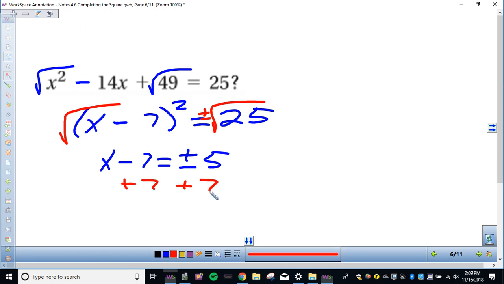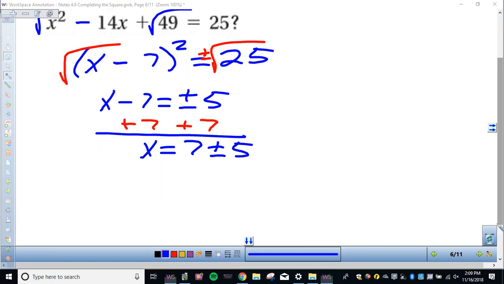Add 7 to both sides. We get x equals 7 plus or minus 5. So what's x equal? 12 and 2. So 7 plus 5 is 12, and 7 minus 5 is 2. I'll just show that step for anybody who needs it.